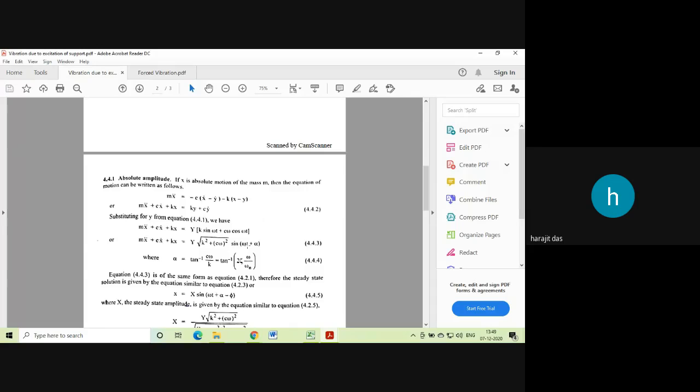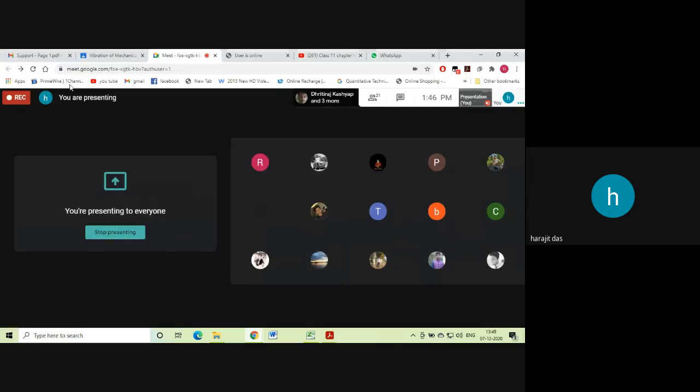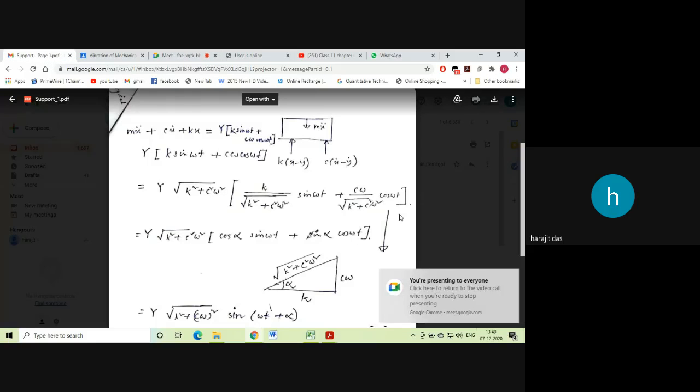Basically, what we are going to find out is the value of capital X, the absolute amplitude. How will we do that? I will show you. You can see m·x double dot plus c·x dot plus k·x equals Y times k sine omega t plus c omega cos omega t. This is the free body diagram, just a rough drawing I have drawn.